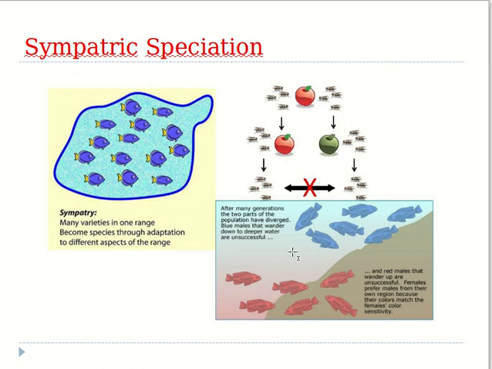Here you can see this is the common stock. Two different conditions. This is a hypothetical condition, but still you can see it got separated into two populations, one of them getting one kind of food habit and another set getting different food resources.